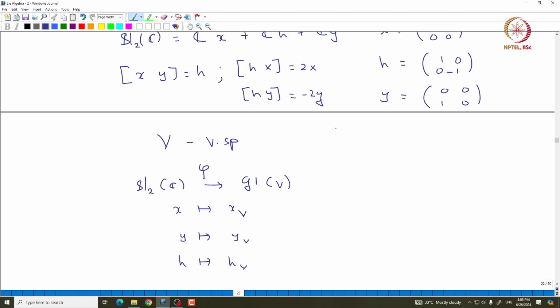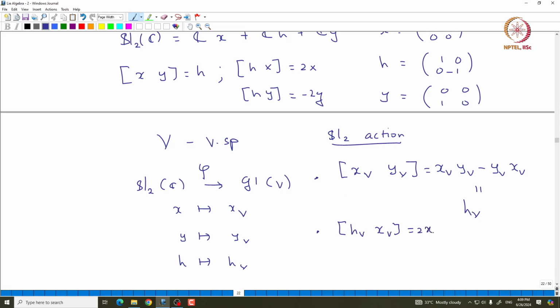Now to make this phi into an SL2 action, it has to satisfy the following commutator relations. It becomes an SL2 action if x_V y_V minus y_V x_V is equal to h_V. Similarly, h_V x_V minus x_V h_V should be 2 x_V, and h_V y_V minus y_V h_V should be equal to minus 2 y_V.